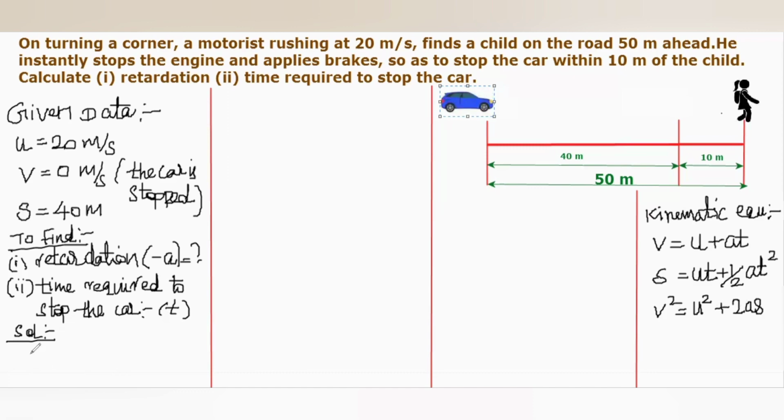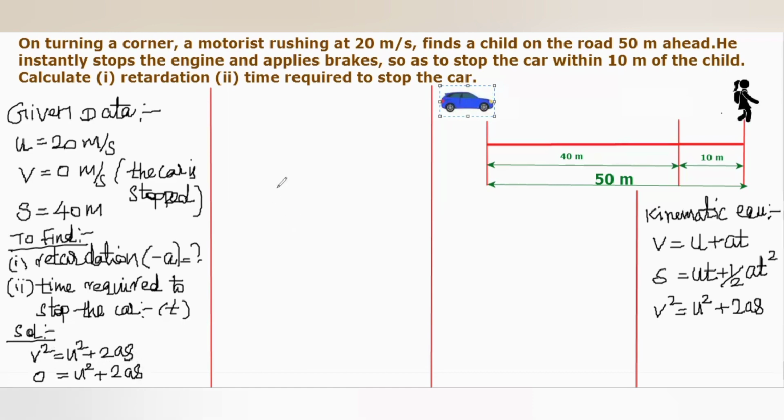So I'm going to write this equation, V square equal U square plus 2AS. Here A only we are going to find. First of all, the final velocity is 0, because the car is finally stopped. So 0 equal U square plus 2AS.